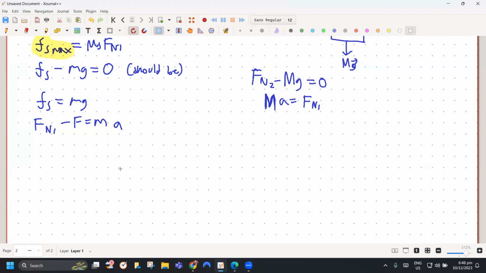So, Fn1 at saka yung A. So, acceleration and the normal force between the two. Yun yung unknowns natin.